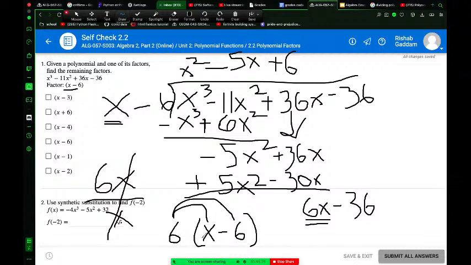Yeah? And then 6x minus 6. That's 0. No, you have to do 6x times negative 6. Oh, times negative 6. So positive and negative is equal to negative? Yeah. It's negative 36, yeah.